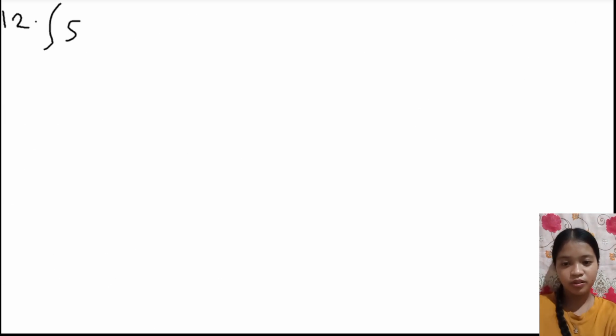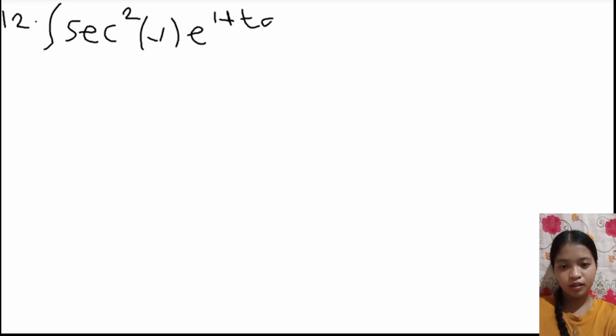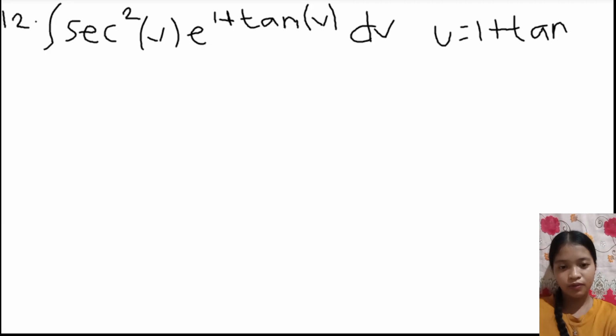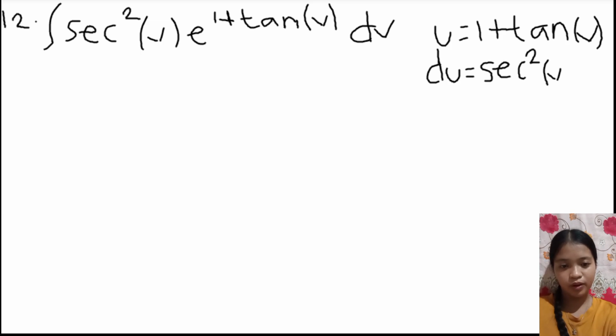The last equation is the integral of secant squared of v, then e raised to the power of 1 plus tan of v dv. So again, we still have to find the u, and the u of this equation is 1 plus tan of v. Then we're going to get its derivative. The derivative of 1 plus tan v is secant squared v dv.